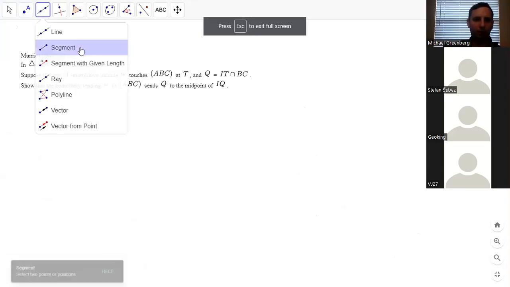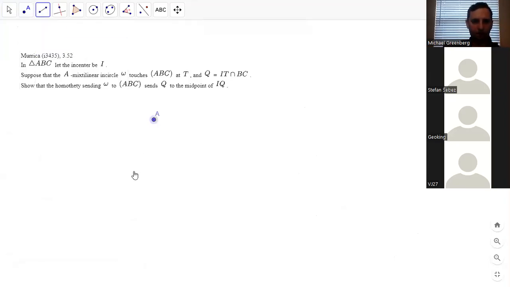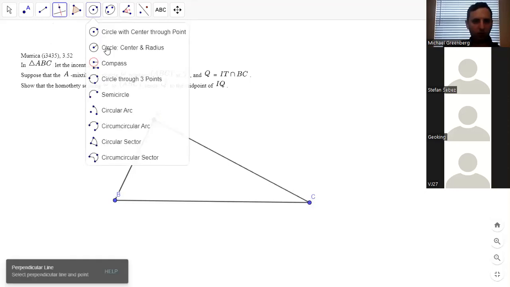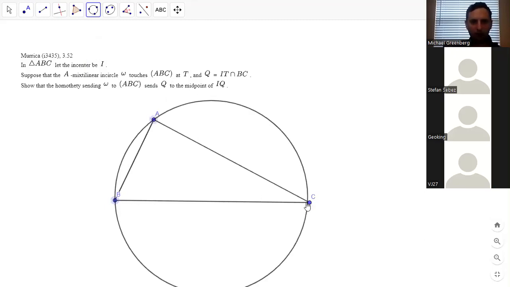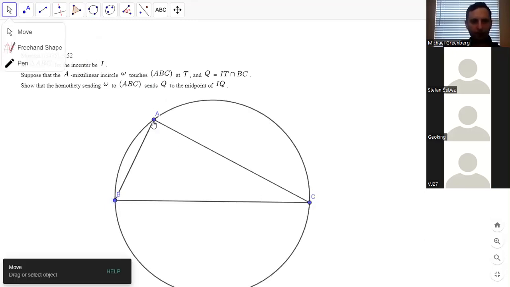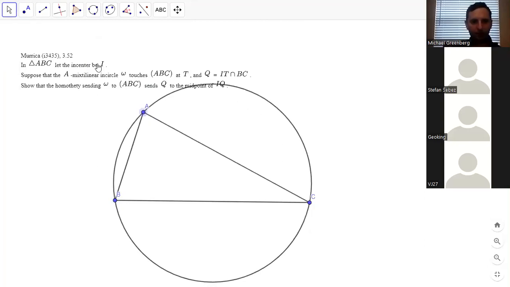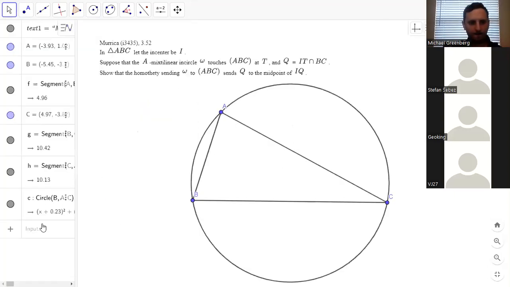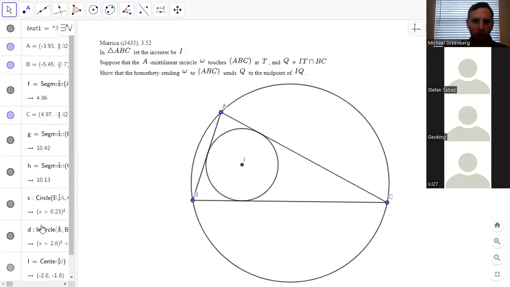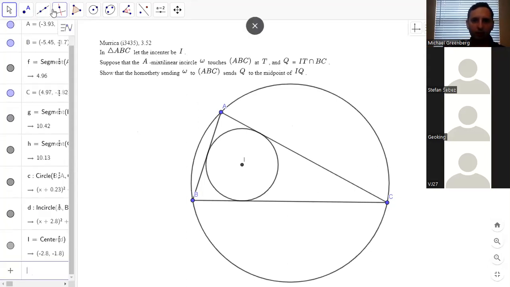So yeah, we end up drawing the mixtilinear incircle. I usually like when I do, let's see. And T is going to be the midpoint.